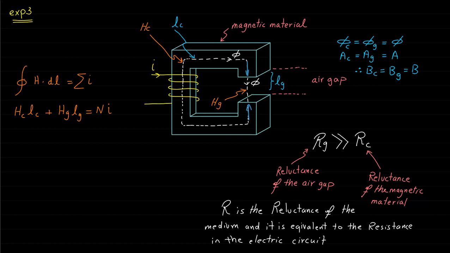In other words, the total magnetomotive force will be equal to the magnetomotive force of the magnetic material plus the magnetomotive force of the air gap. The equivalent circuit of this magnetic circuit can be drawn as shown.